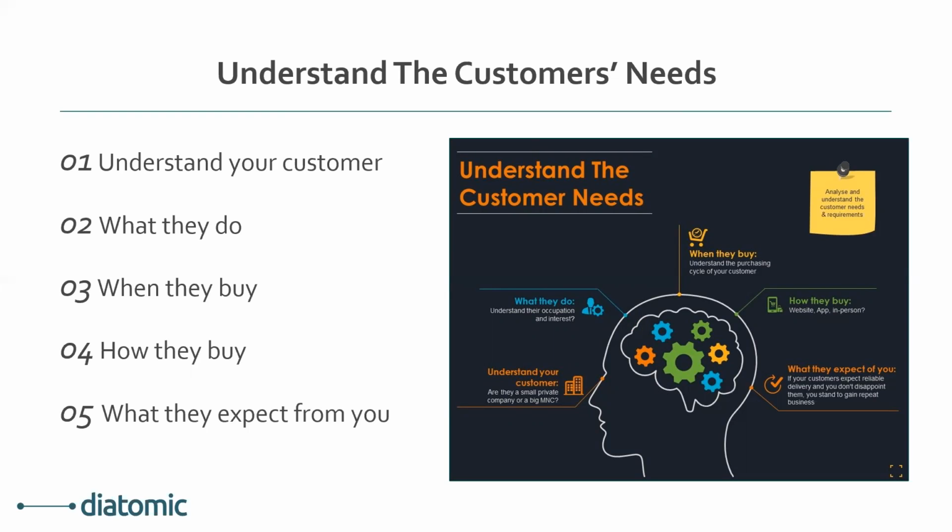Third, when they buy, understand the purchasing cycle of your customer. Fourth, whether they buy through a website, application, or in person, so how they buy. And fifth, what they expect from you. Like if your customers expect reliable delivery and you don't disappoint them, you stand to gain repeat business.